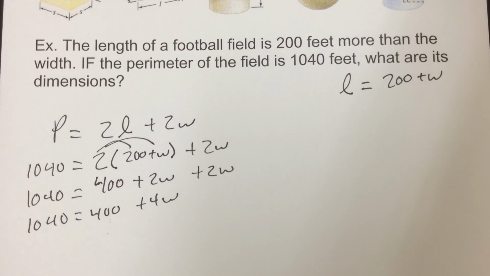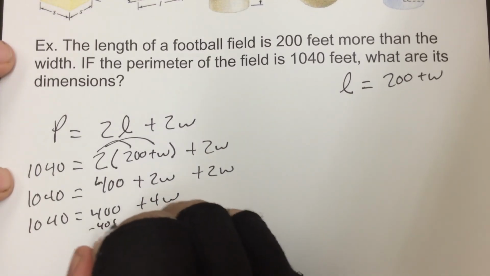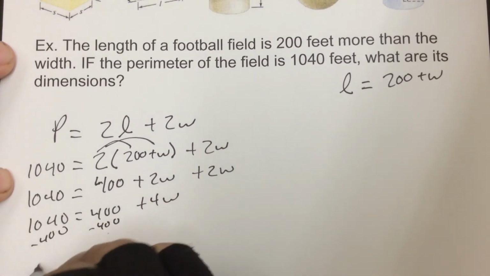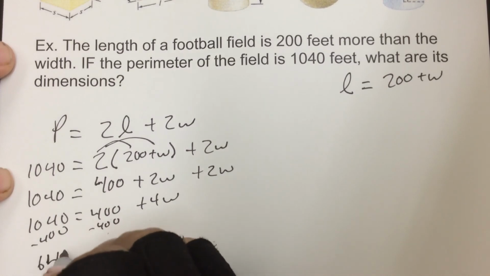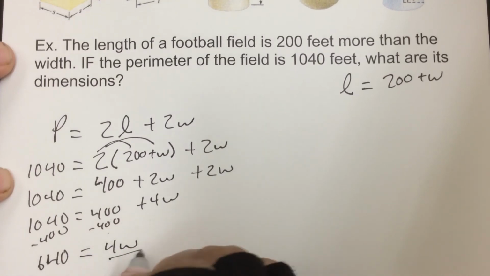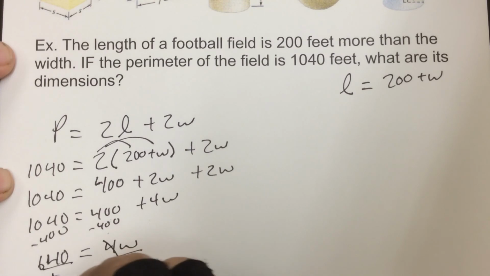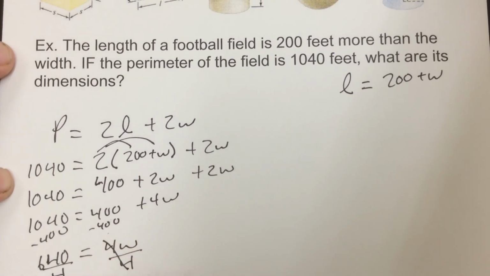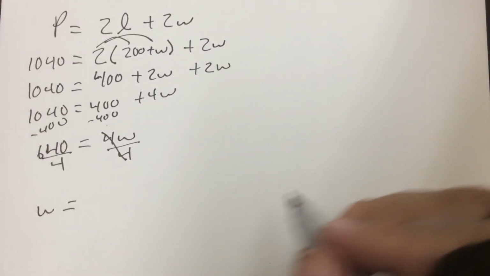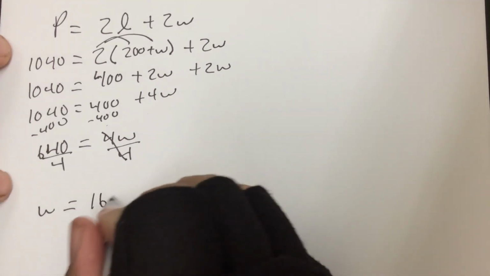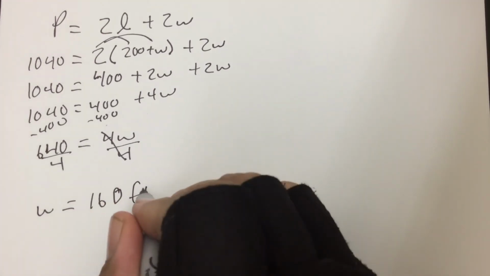Now we can solve it like any other equation. Subtract the 400 over, so we have 640 equals 4W. Dividing by 4, W ends up being 160, and we're in feet.